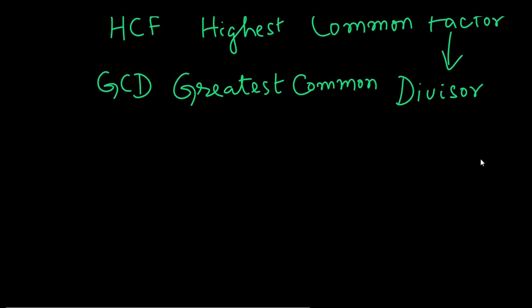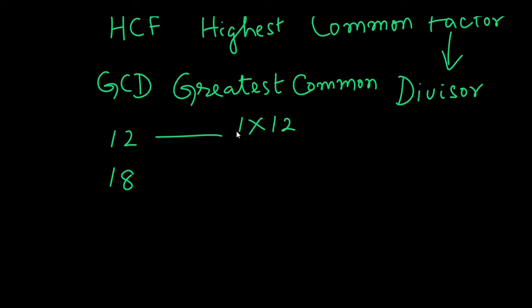For example, let us take 12 and 18. 12 has the factors. Say 12 can be written as 1 into 12. These are called conjugate factors. 1 and 12 are called conjugate factors of 12.